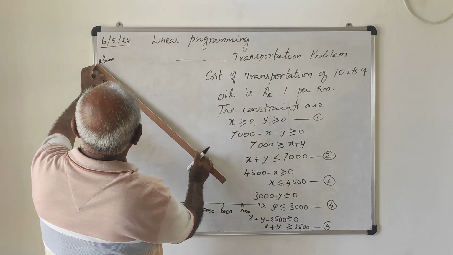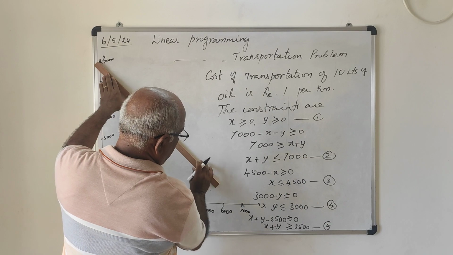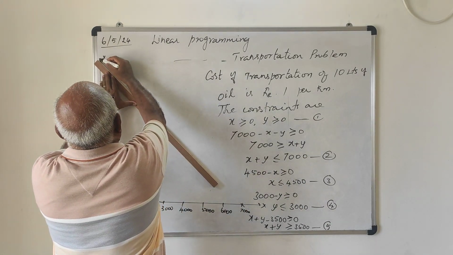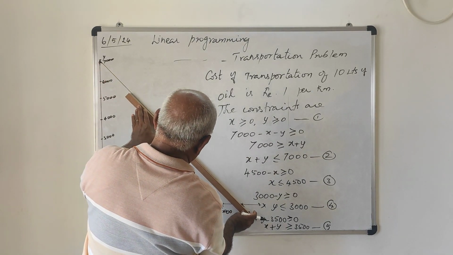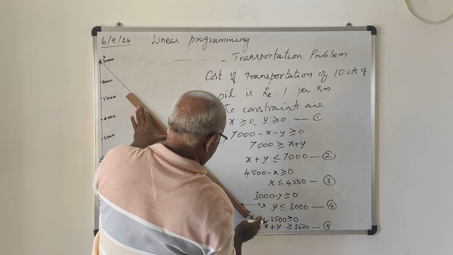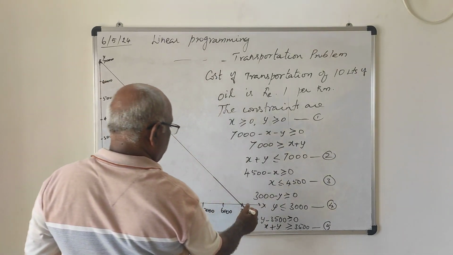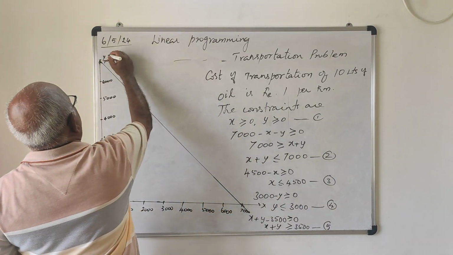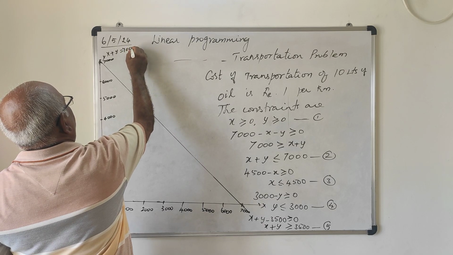You have to join these two points. So this line is x plus y equal to 7000.